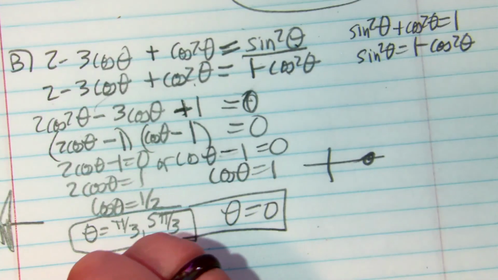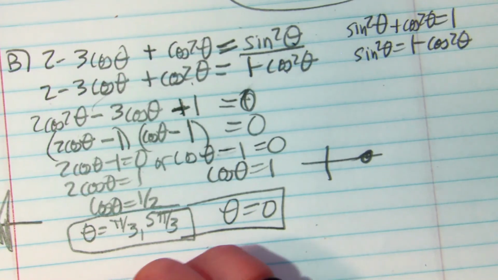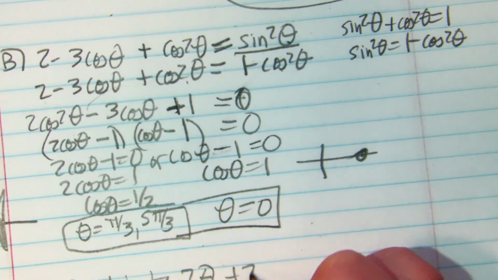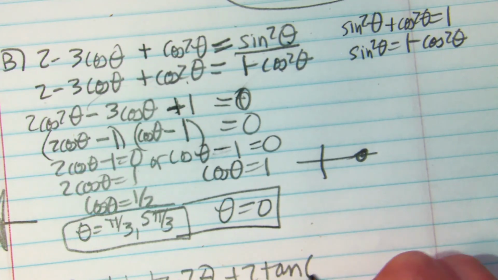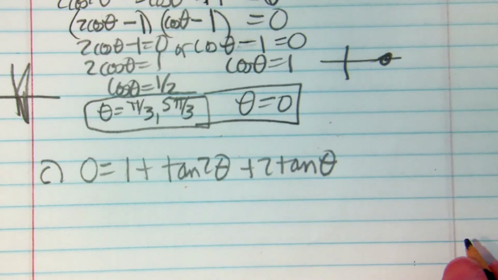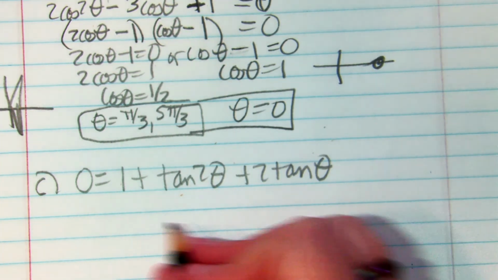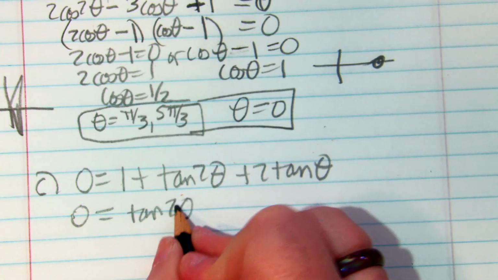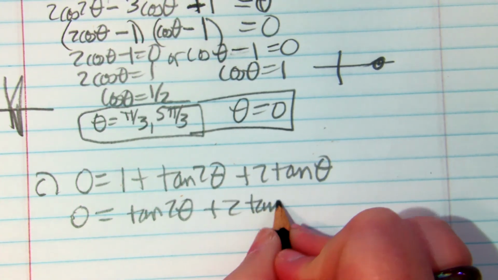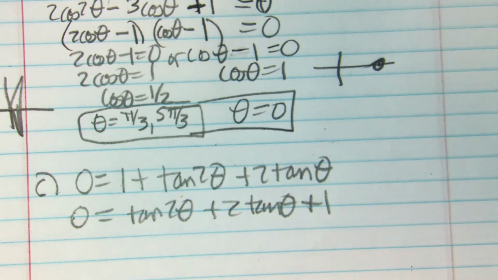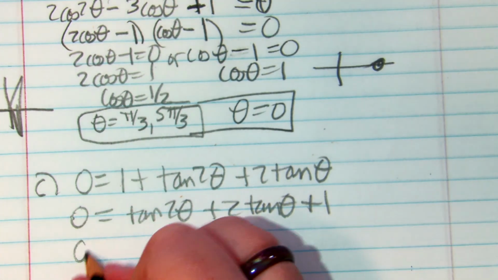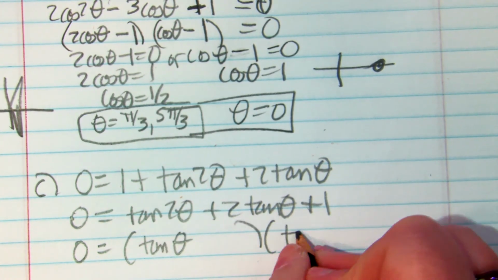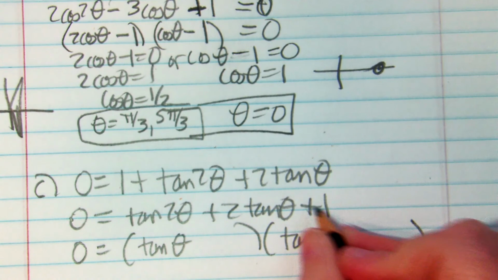Then our last one is a tangent one. We're going to have to factor it: tangent squared theta plus 2 tangent theta plus 1. Tangent squared theta is tangent theta times tangent theta. 1 is 1 times 1.